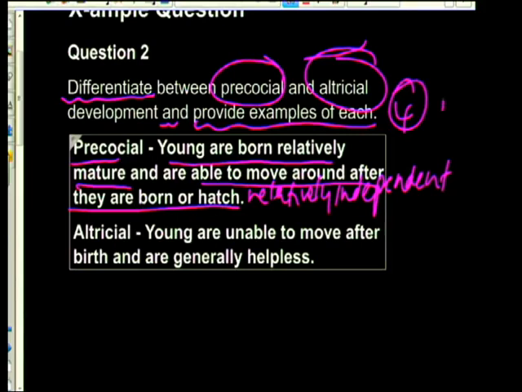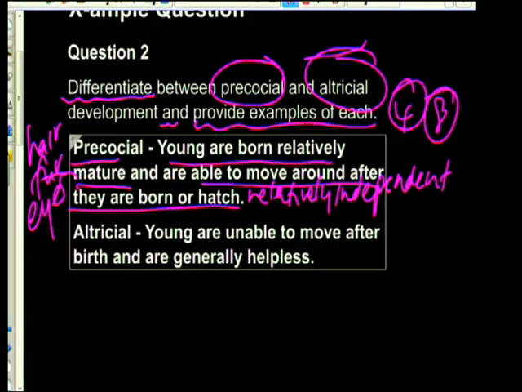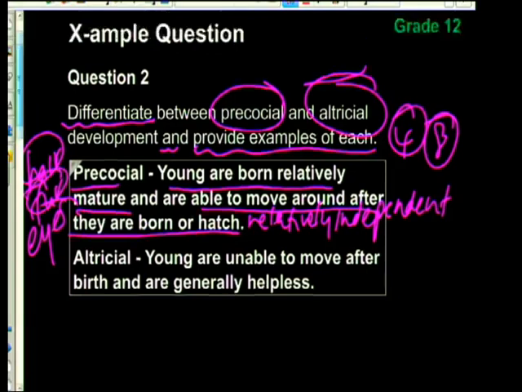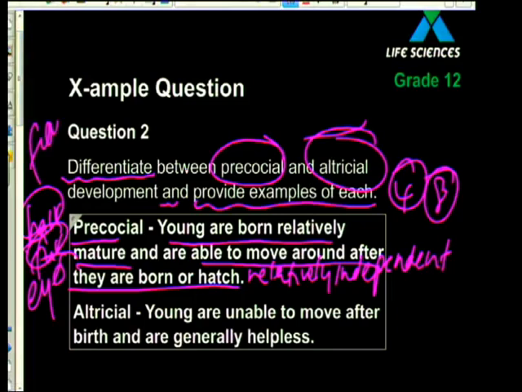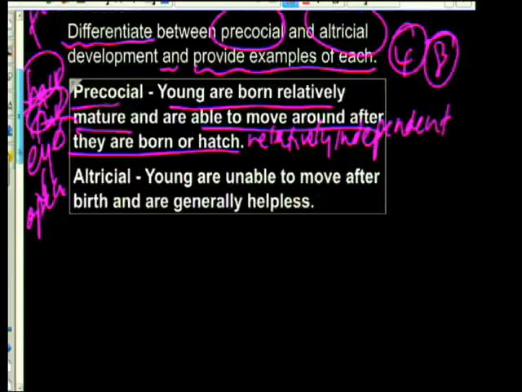If we have to extend it to about 8 marks, then you need to go further here by precocial, talking about the hair, the fur, eyes, etc. You'll add to that. What do we mean by that? That those that have hair as the outer covering, they are covered with hair, and those are covered with fur or feathers in birds. And the eyes are open and they can see.